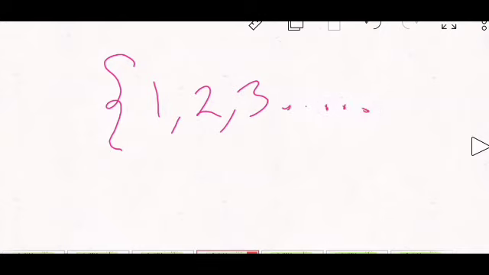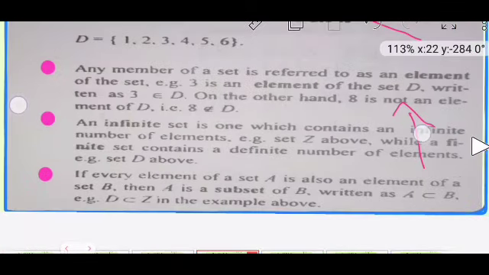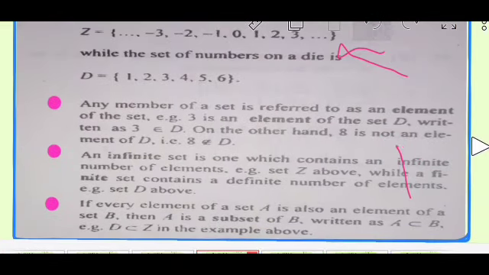So that's the representation of an infinite set.